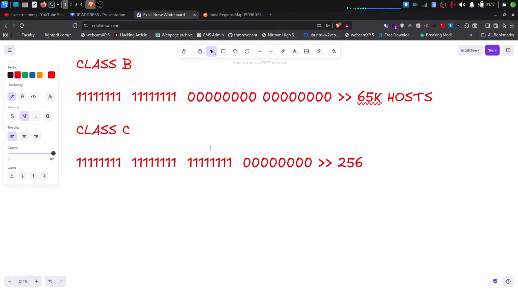Class C, we have 500 hosts, meaning 500 computers. But as some people said, class C will be used. In class C we have 256 computers, right? Can we do this thing?